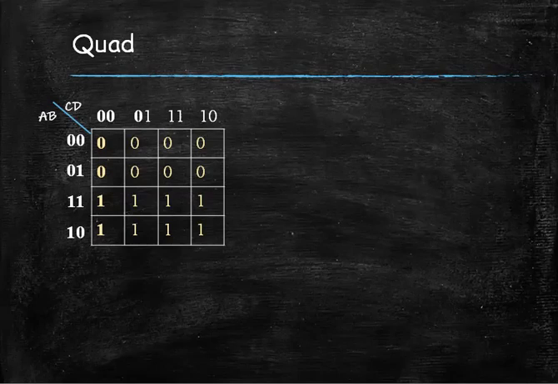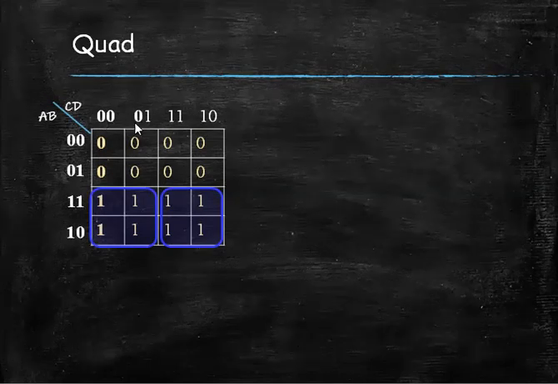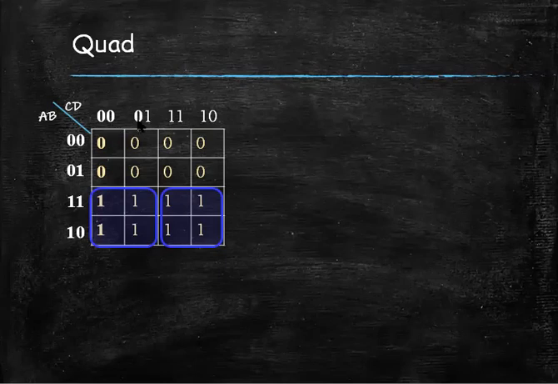Look at this schema. There are two quads. Then we know that for this quad, A is not changing and C bar not changing. Then A C bar. And for this quad, A is not changing, C is not changing.